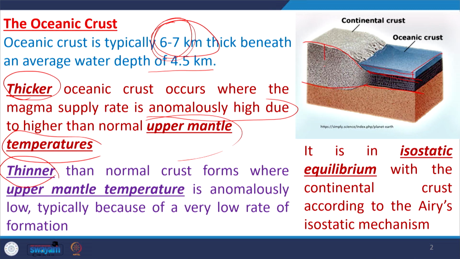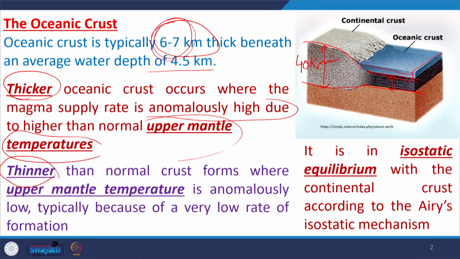Now, imagine the continental crust is thicker compared to the oceanic crust, because, if you remember, the thickness of the continental crust is about 40 kilometer. However, the oceanic crust thickness is about 6 to 7 kilometer, and it is composed mainly of basalt, while the continental crust is granitic to granodiorite and anorthosite and so on.